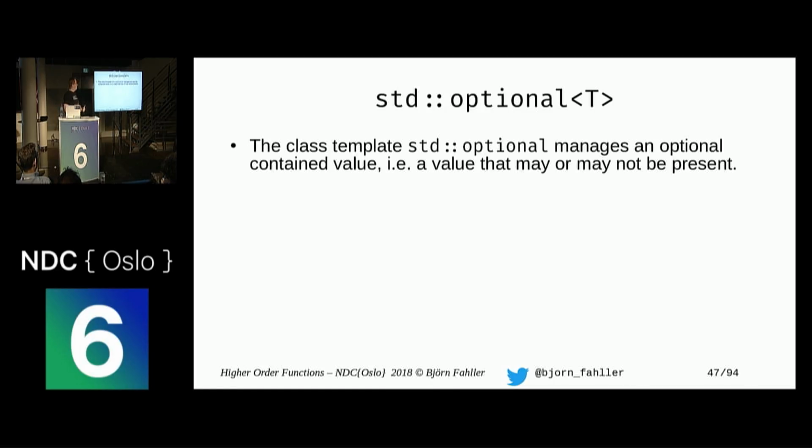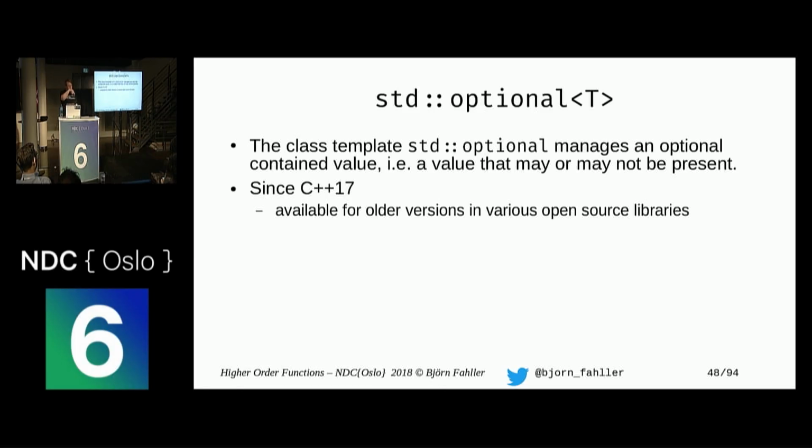The intention of optional<T> is to say that an instance of optional<T> is something that may have a T, whatever T is, or it may have nothing. Like I said, it's in the standard library of C++17. It is available in a number of open source libraries for at least C++11. I don't know, maybe older, but definitely from C++11.